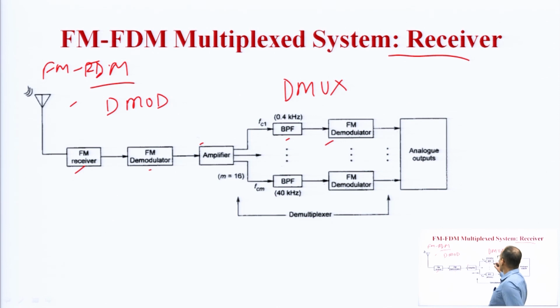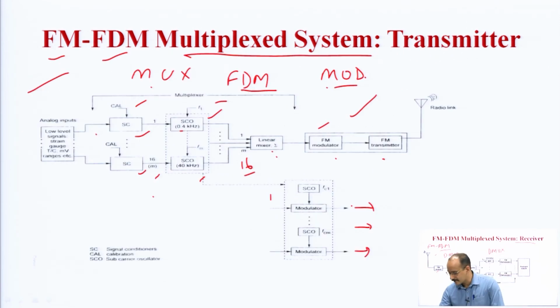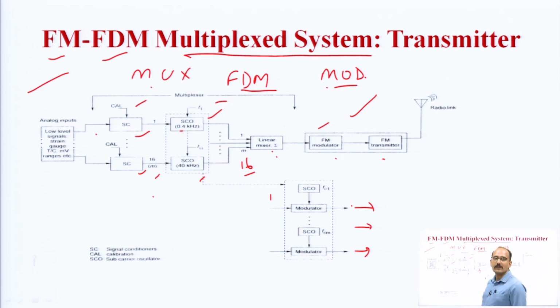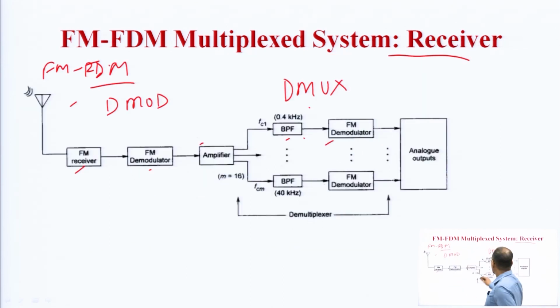First of all, we are using the band pass filter, and these band pass filters have a frequency range of 0.4 kilohertz, equivalent to the first subcarrier oscillator, which uses a 0.4 kilohertz subcarrier frequency. Similarly, we have a band pass filter to detect this first sensor input, whose cutoff frequency FC1 is 0.4 kilohertz. Similarly, we have 16, that is 40 kilohertz maximum.